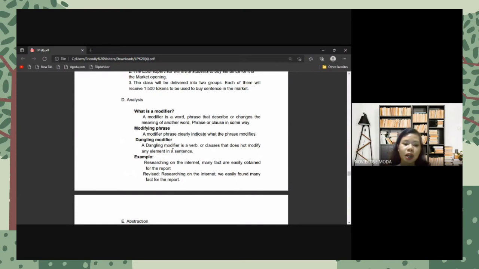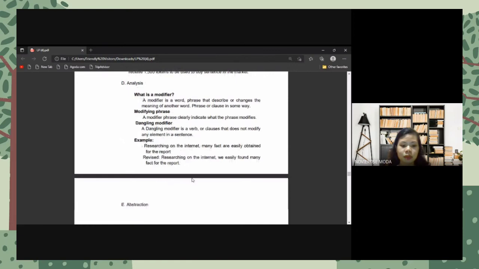In modifying phrases, a modifier phrase clearly indicates what the phrase modifies. A dangling modifier is a verb or clause that does not modify any element in a sentence. So these are the examples.